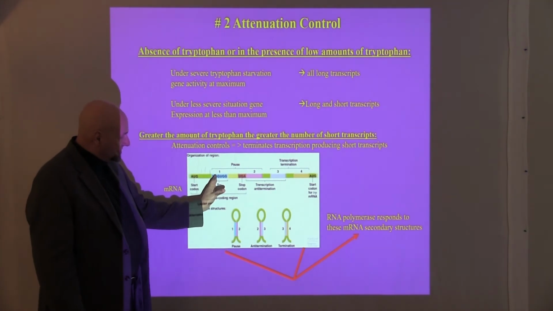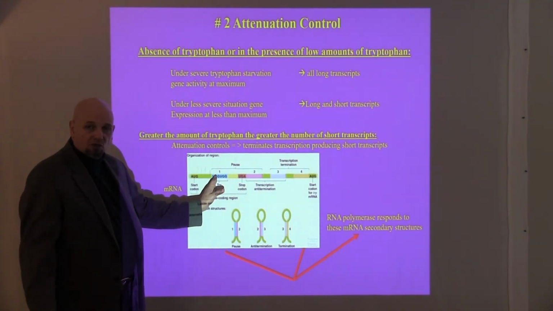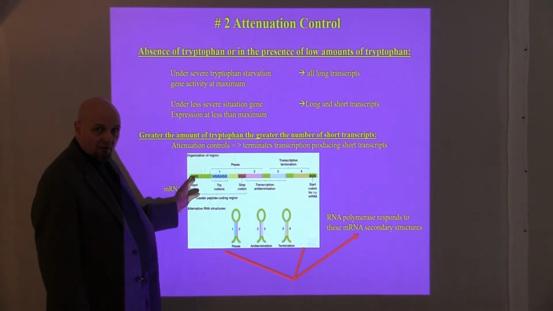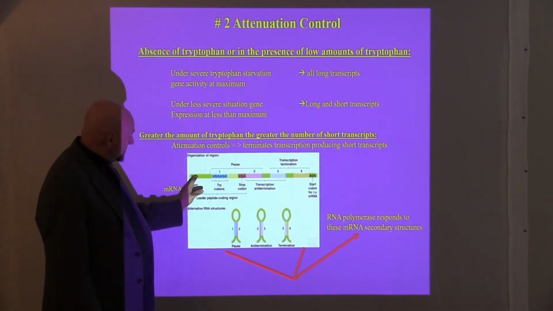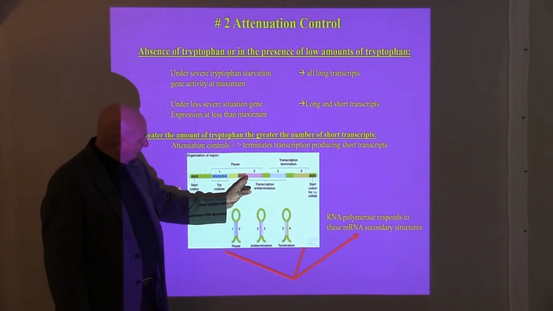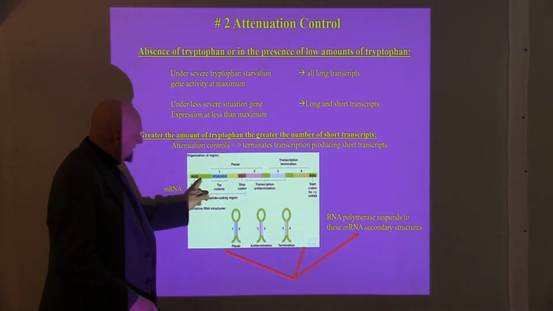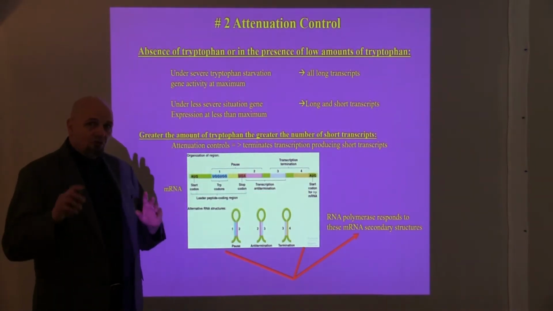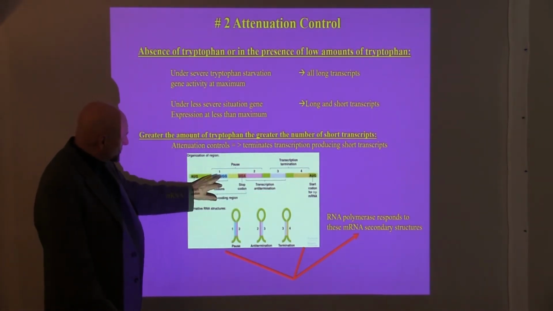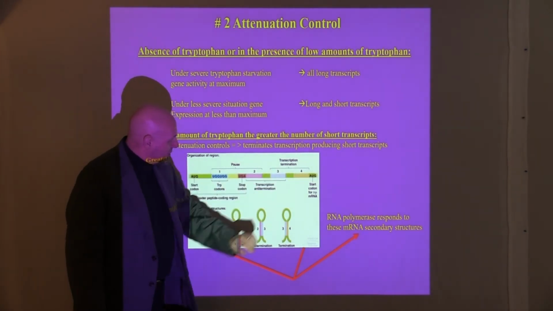It just stops there and sits because it's waiting for a transfer RNA. It's being blocked. But if you do have the tryptophan-charged transfer RNAs, it'll go past here, all the way down here, and you'll have the ribosome sitting on top of this number 2 region. Well, in that leader area, there are some interesting structural elements. We call them regions 1, 2, 3, and 4.